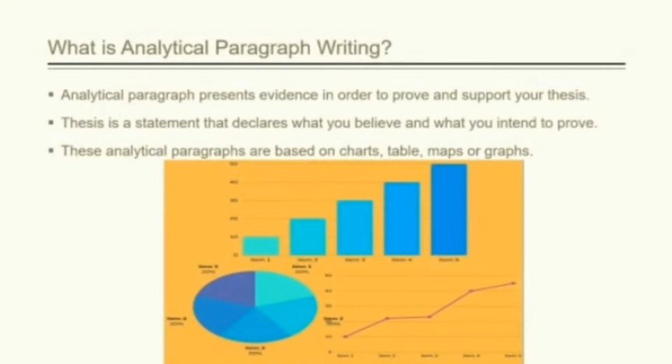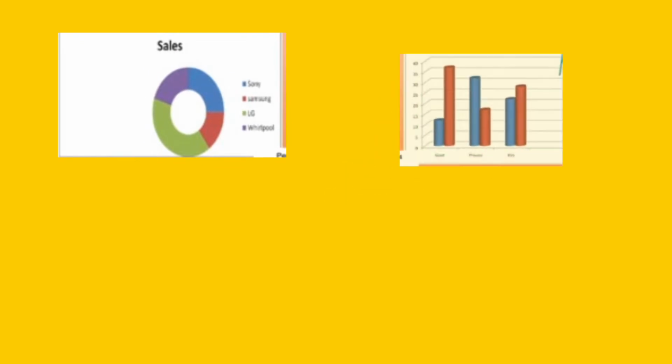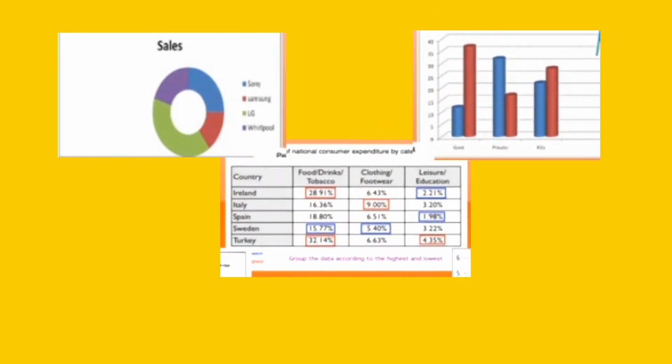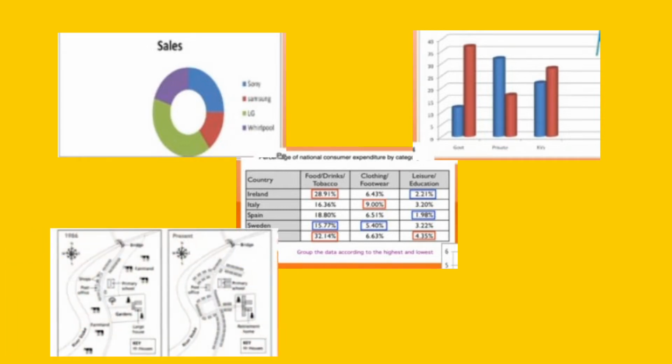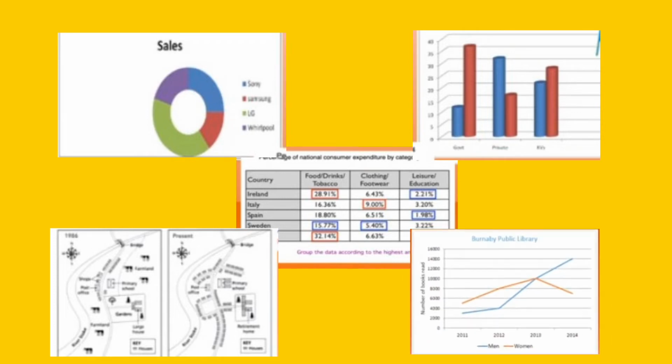Let's understand in detail. So analytical paragraphs are based on a pie chart, it may be a bar chart or it may be a table which includes numbers and percentages. It may be based on maps, to find out the difference and similarity in both the maps, or it may be a line graph, and these things which give us the information.